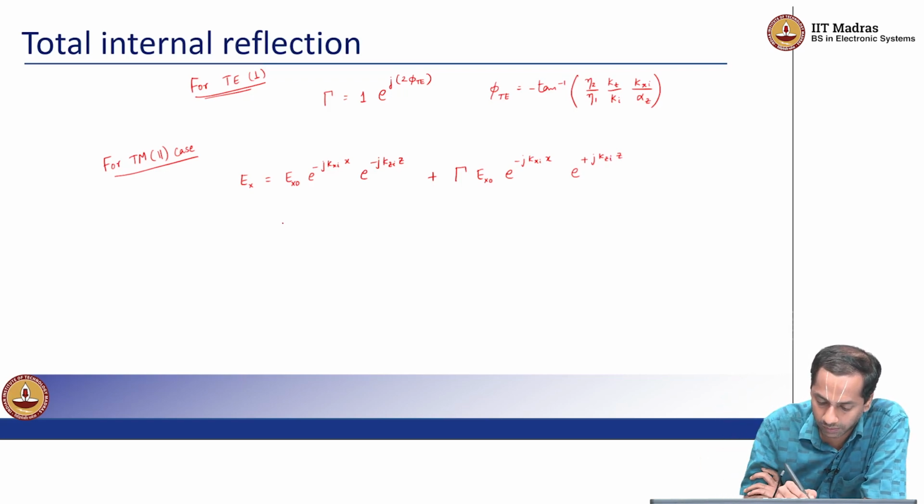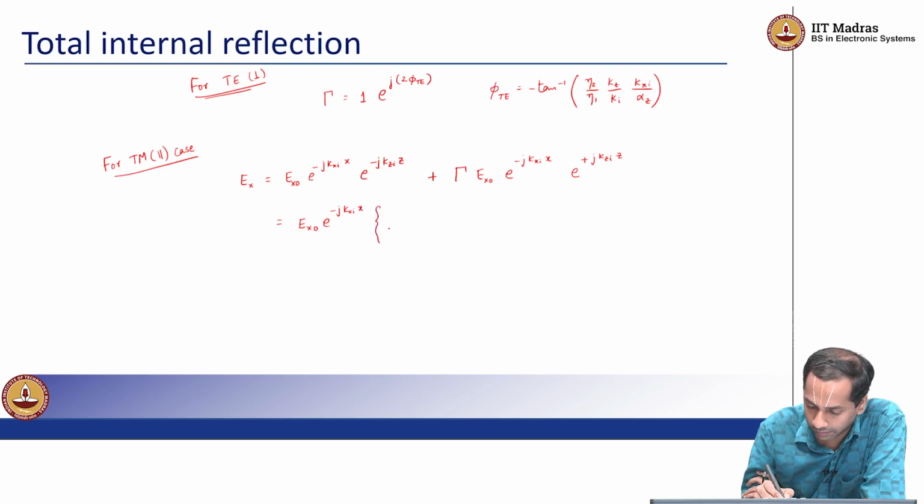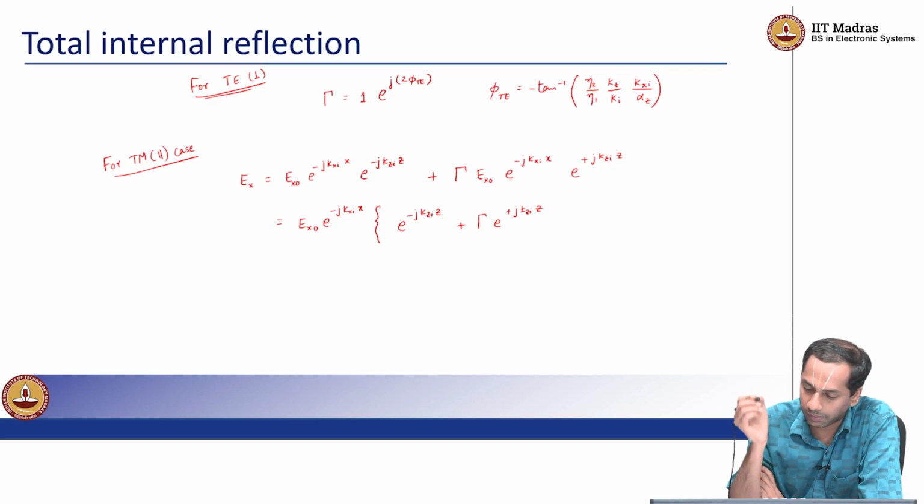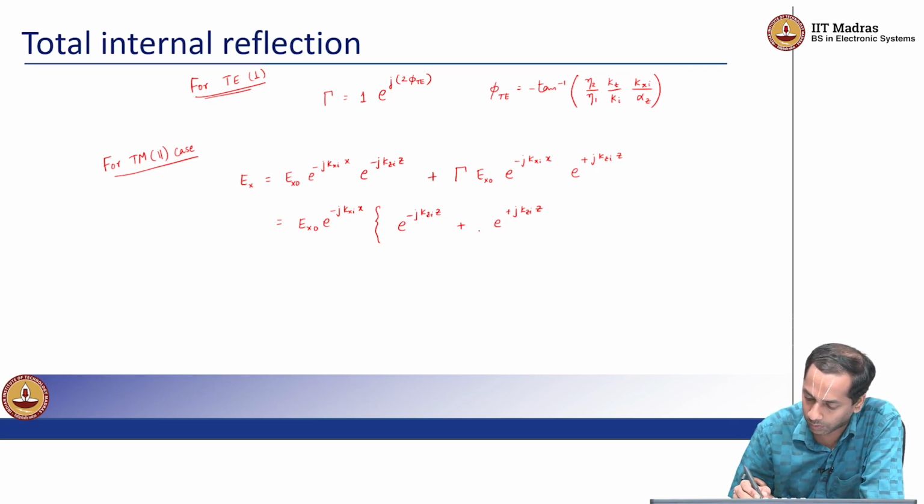So let's take the common factors out. So we have Ex0 e to the minus j kxi x. We have e to the minus j kzi z plus gamma e to the plus j kzi z. Right, but we know gamma is 1 e to the j 2 phi tm.